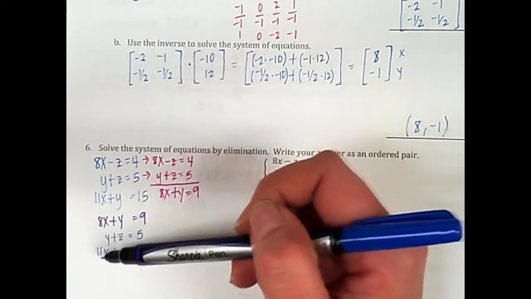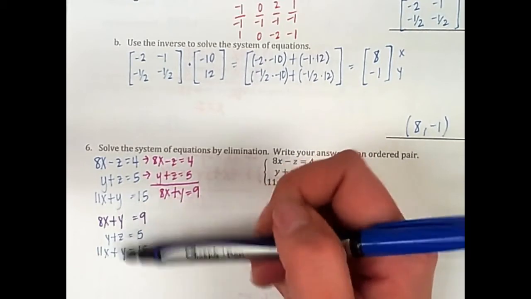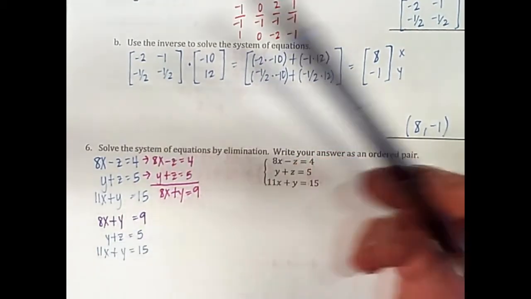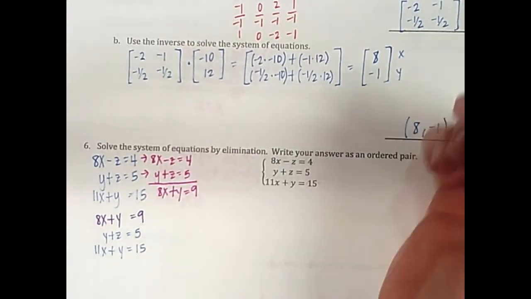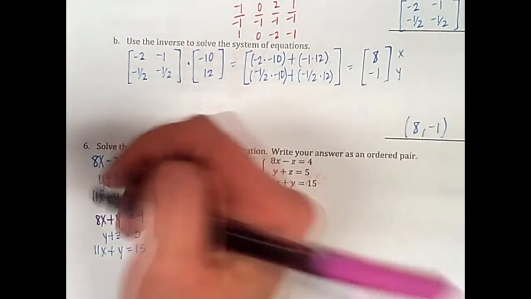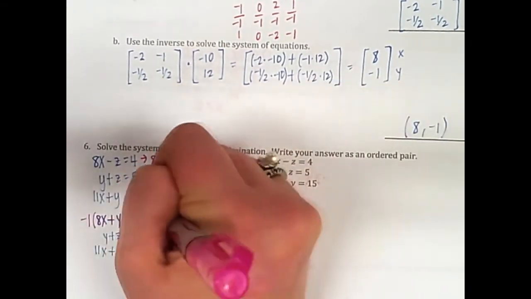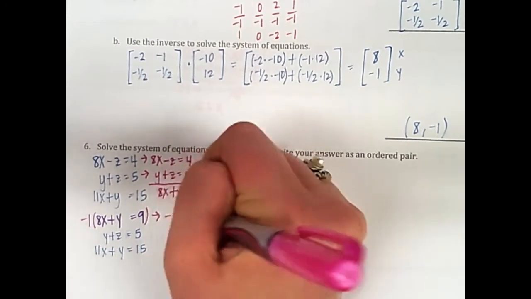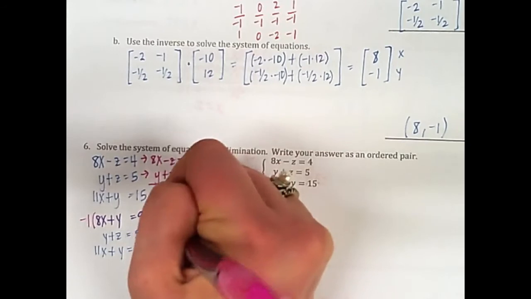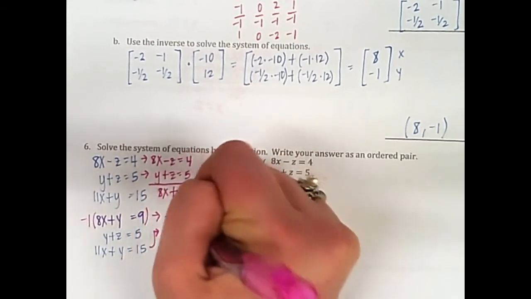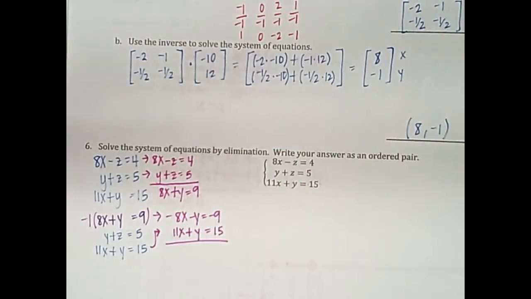Okay, so 11x and 8x, well, let's look at our y's. So our y's, +1, +1, so those make it really easy to eliminate. So I'm going to multiply my top equation through by -1, and I have -8x minus y equals -9, and then this one's going to be 11x plus y equals 15, and I'm going to add them.